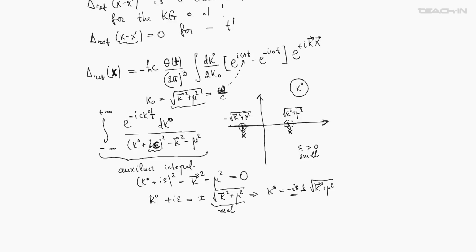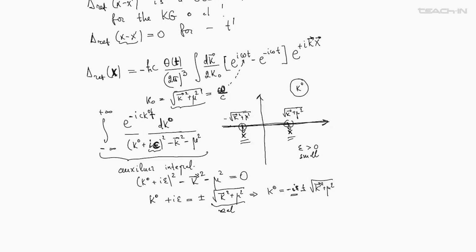And so this means that now you have no problem if you integrate over the real line. You go all along this contour, and you can apply the Cauchy theorem to compute this integral by closing the corresponding contour in the lower half plane.